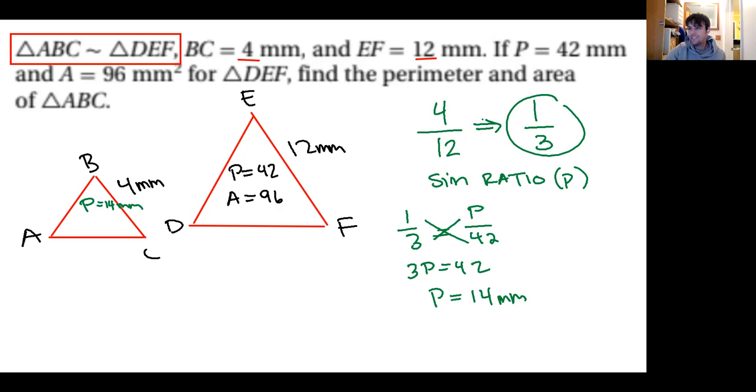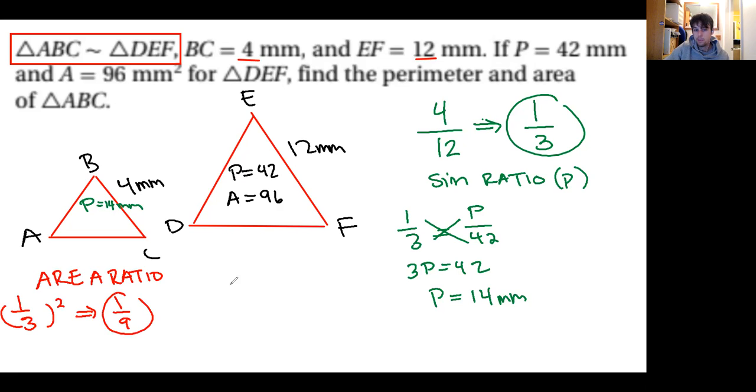Okay, similar idea. Keep doing that. What's our area ratio? Our area ratio is going to be 1 over 3 squared, which gives us 1 over 9. All right, so let's use that to set up a proportion. We have 1 over 9.